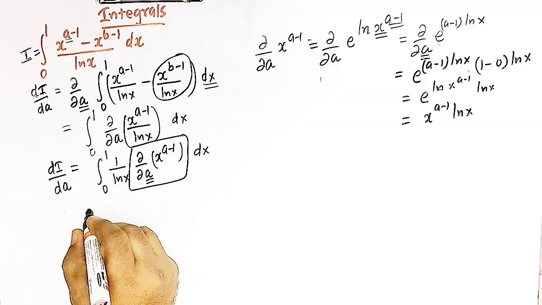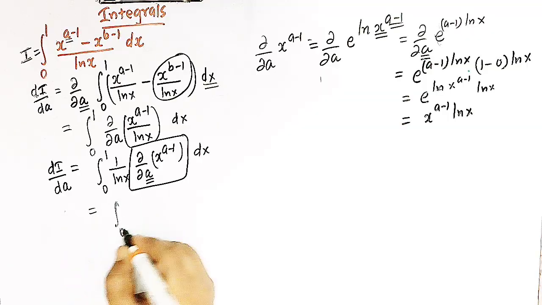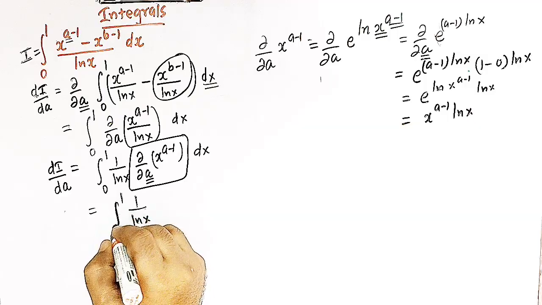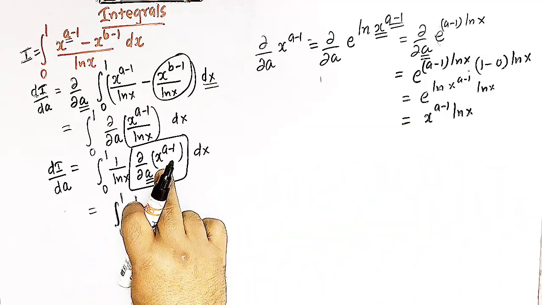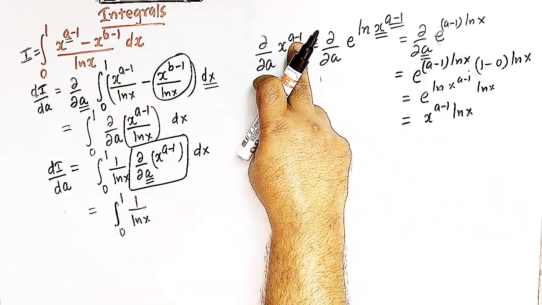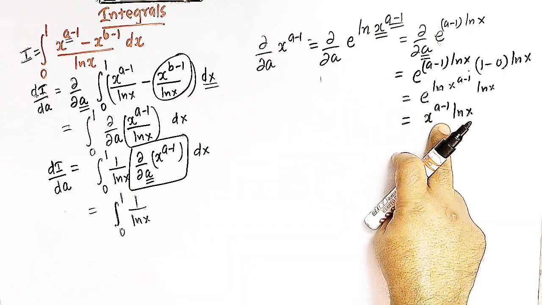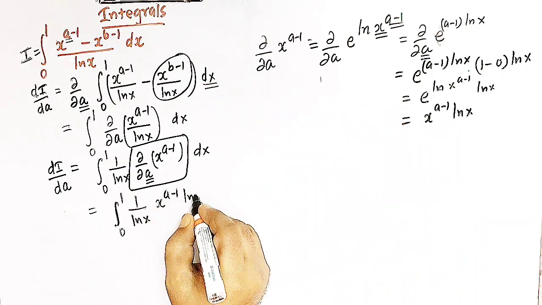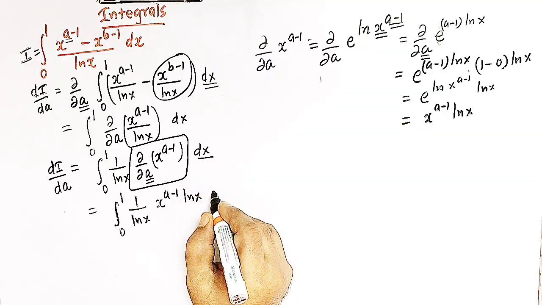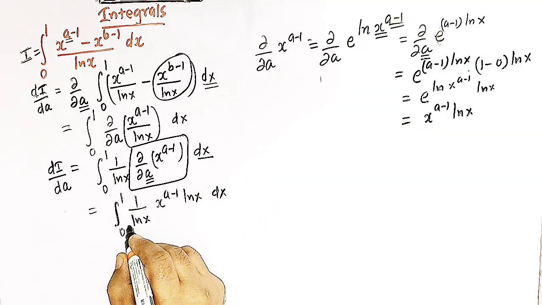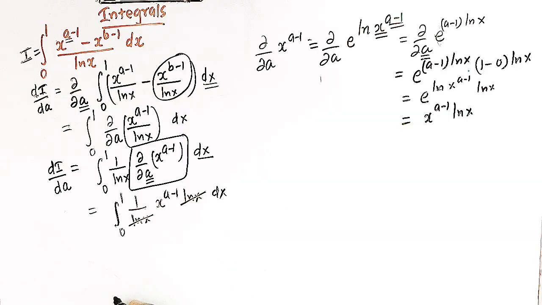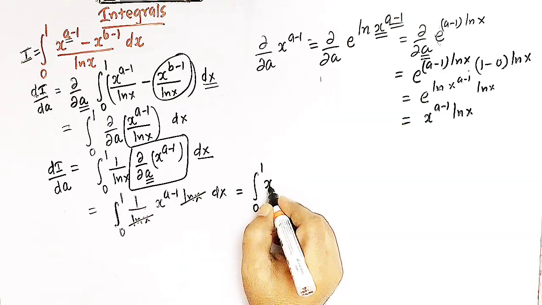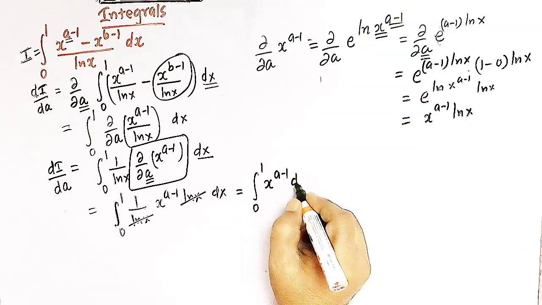So now we can write the integral from 0 to 1 of 1 over natural log of x, and the derivative of x raised to a minus 1 with respect to a is given by x raised to a minus 1 times natural log of x, and here we have dx. Now these two terms get cancelled and we have simply the integral from 0 to 1 of x raised to a minus 1 dx.